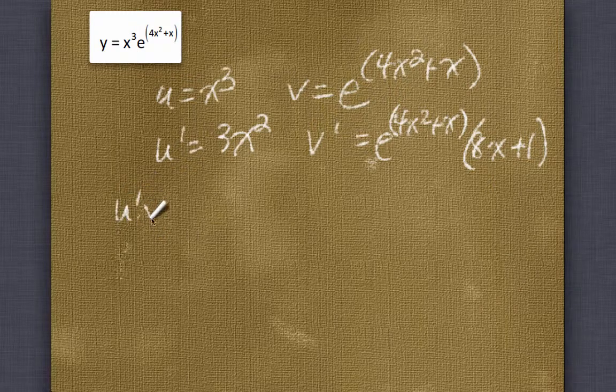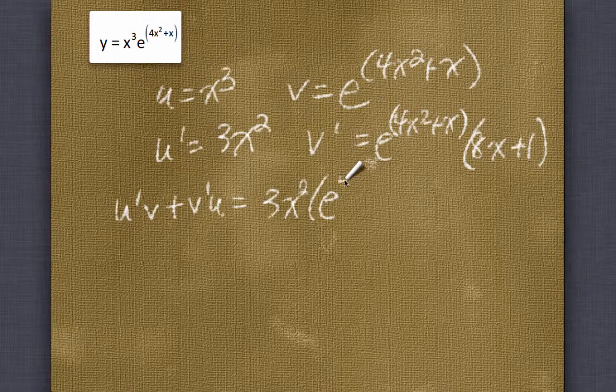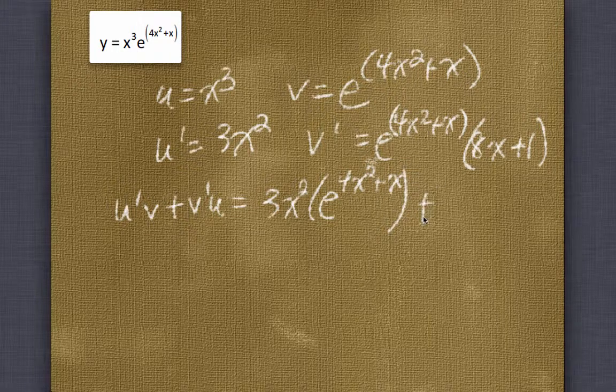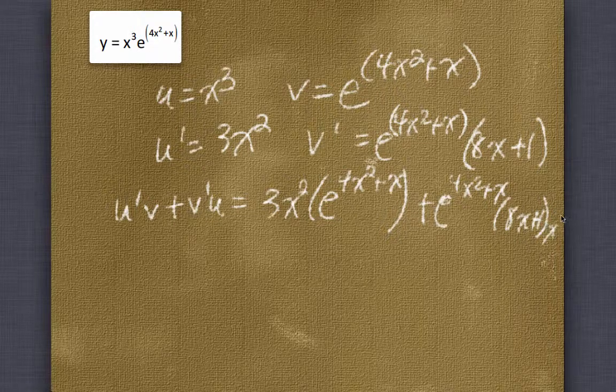So u prime v plus v prime u equals 3x squared times e to the 4x squared plus x plus e to the 4x squared plus x times 8x plus 1 times x cubed.